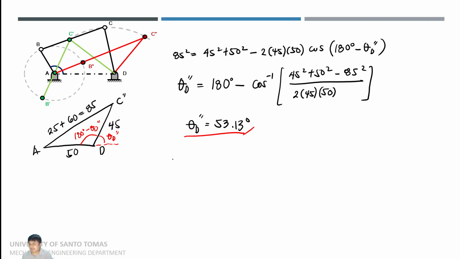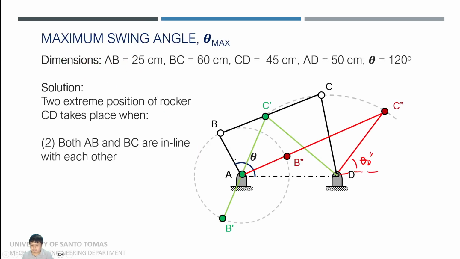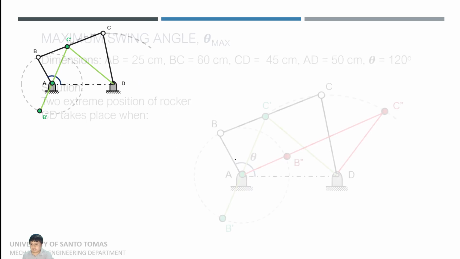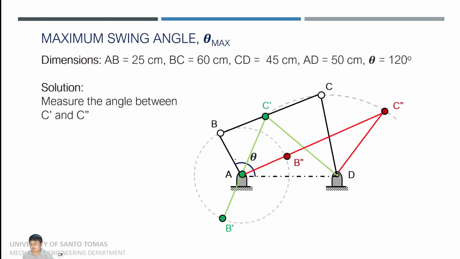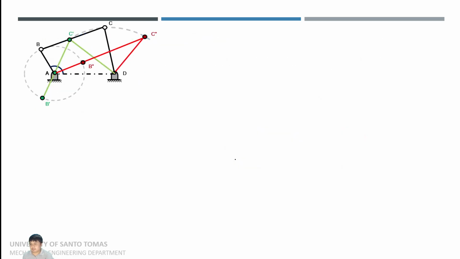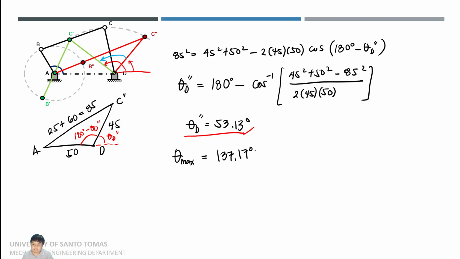Now, we've already determined this angle and this angle right here. Therefore, the maximum swing angle is just the difference between these two. So we have 137.17 degrees minus 53.13 degrees.